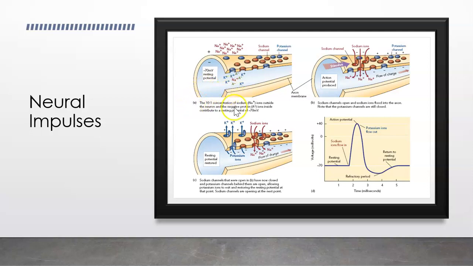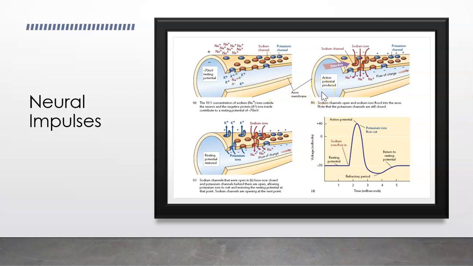So again, this first image: we're talking about what the cell looks like at rest. This is called the resting potential, at negative 70 millivolts. At rest, it's at negative 70 because we have a negative charge inside, positive charge outside. Sodium is outside the cell, potassium is inside the cell. All channels are closed.